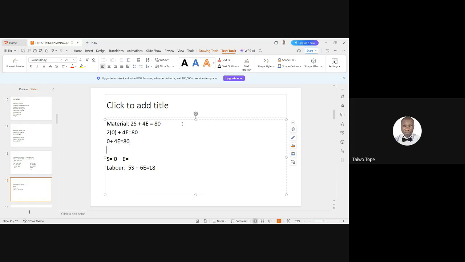When 0 crosses to the other side, it becomes negative. So we have 4e equal to 80 minus 0, which is 80. Divide both sides by 4. e will be 20.